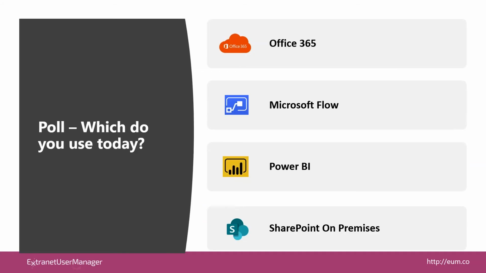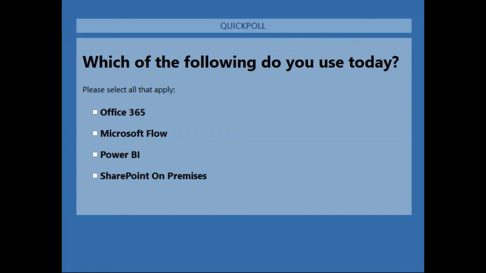I want to start with a quick poll just to get a sense from the audience point of view of who's using what today. So let me just open up this poll. Let me give you half a minute or so just to answer back. Are you currently using Office 365, Microsoft Flow, Power BI, SharePoint on-premises?